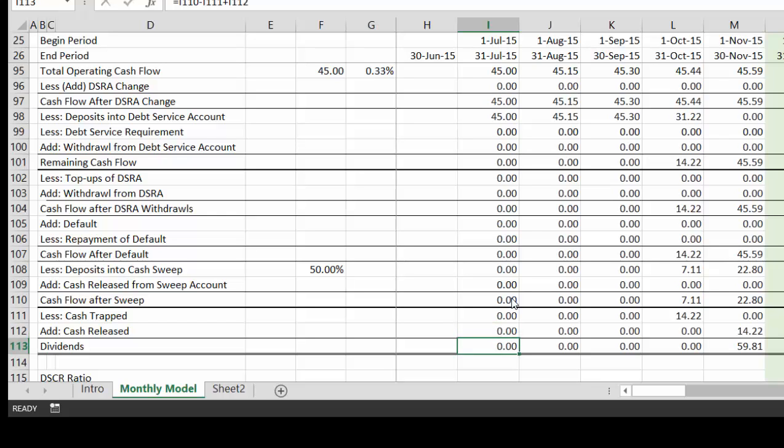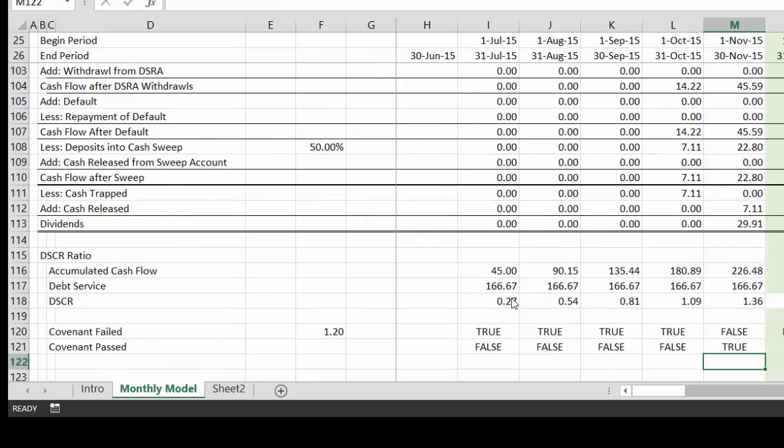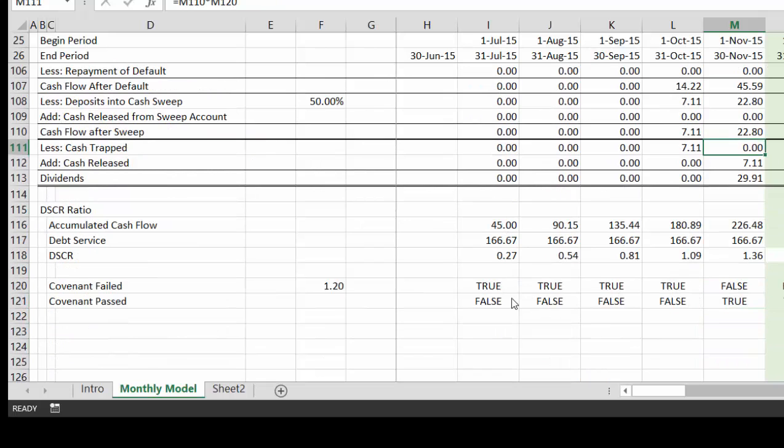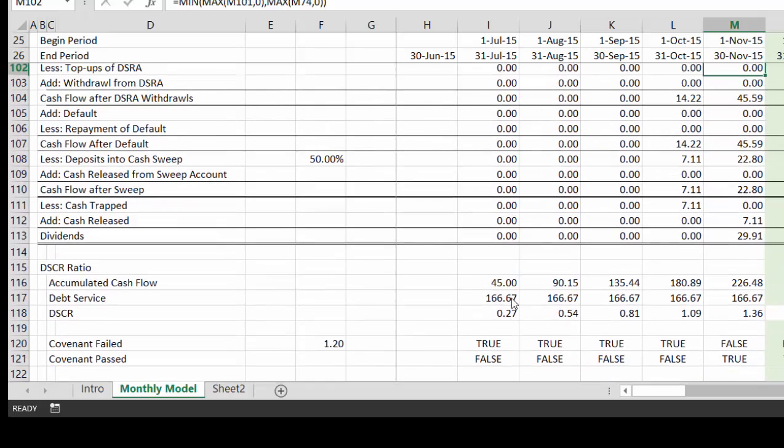Oh, that's the amount we had in the account, so we can take these three, Shift Control R, and we can check, well, here we swept half of the cash, we let it go down into the account. We saw what our covenant was, and we passed our covenant, so we allowed a dividend.